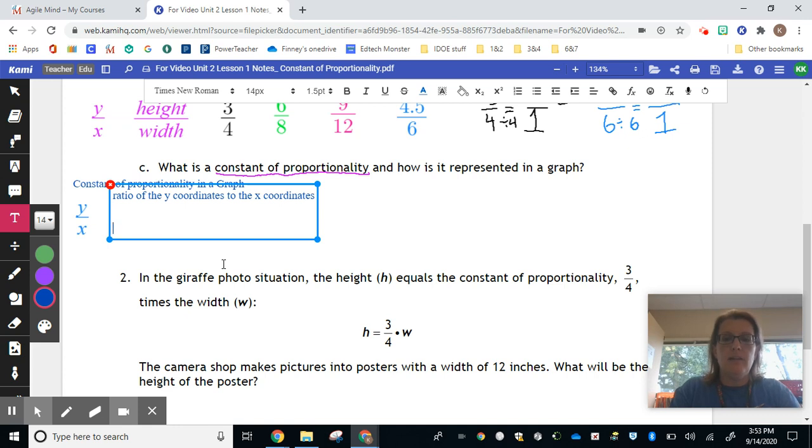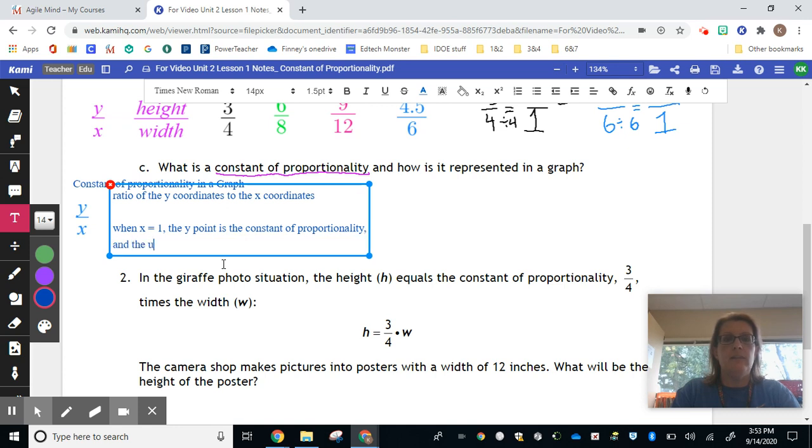And another really cool thing is that when x equals 1, the y point is the constant of proportionality and the unit rate.